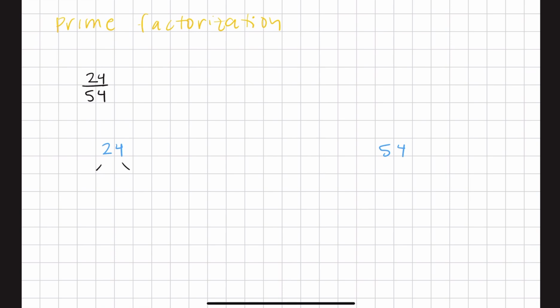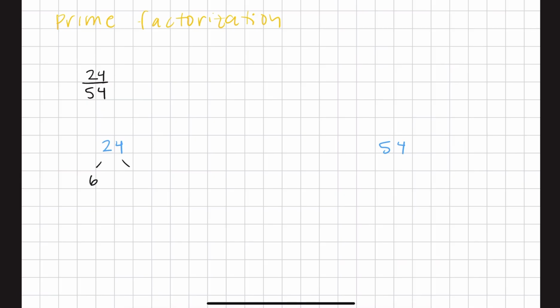So 24, I know I can make 24 by multiplying together 6 and 4. And I can make 6 by multiplying 3 and 2, and I can make 4 by multiplying 2 by 2. And I can't further break these numbers down because these are prime numbers, right?